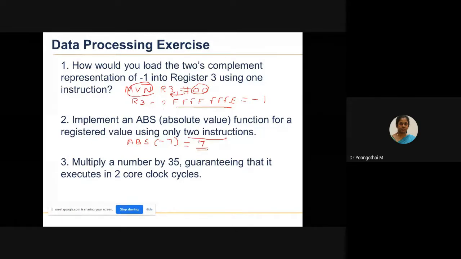So you have to calculate the original value of this negative value. Suppose the number is -7, you have to use the proper instruction to find the absolute value. So what is the absolute value of -7? You should get 7. How do you do that?